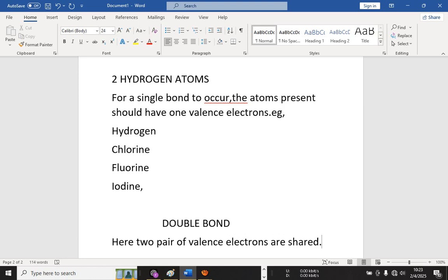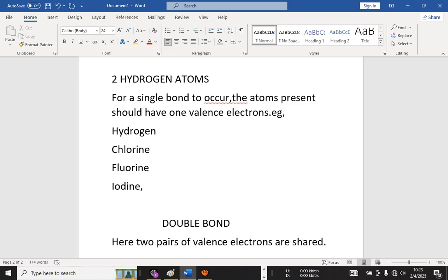In the single bond we looked at only one pair, so here we shall look at two pairs.